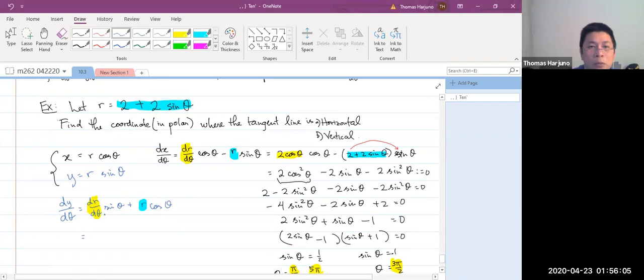So this will be 2 cosθ sinθ plus 2 plus 2 sinθ cosθ, which equals 4 cosθ sinθ plus 2 cosθ.